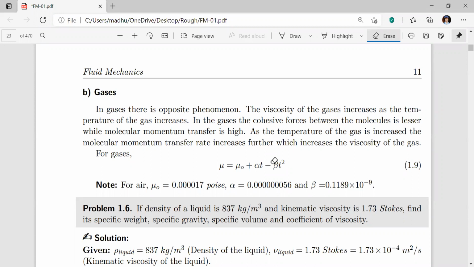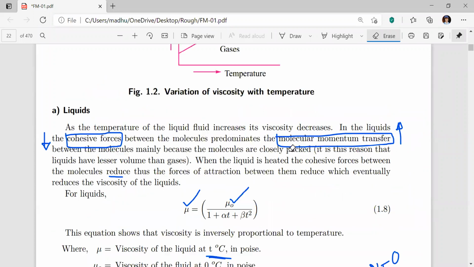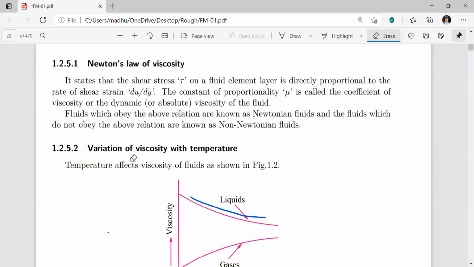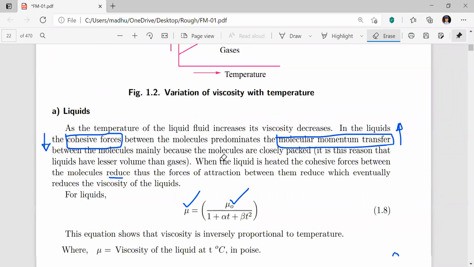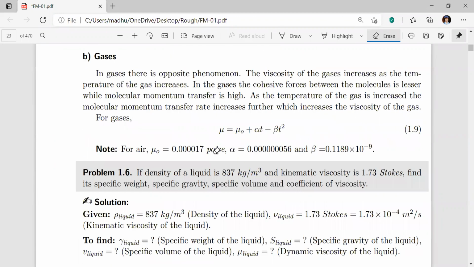The conversion I have also told. Newton's law of viscosity we have discussed: tau is equal to mu into du by dy, or tau is proportional to du by dy. Shear stress is proportional to the rate of shear strain. Next, the variation of liquid and gas viscosity with respect to temperature, and the corresponding equations to find the viscosities at a given temperature for both liquids as well as gases, we have also discussed in this class.